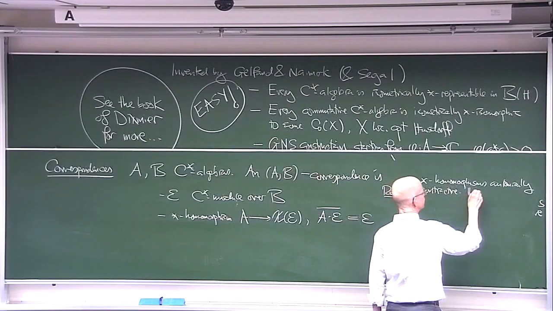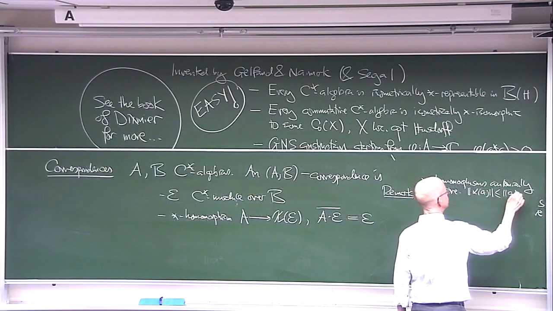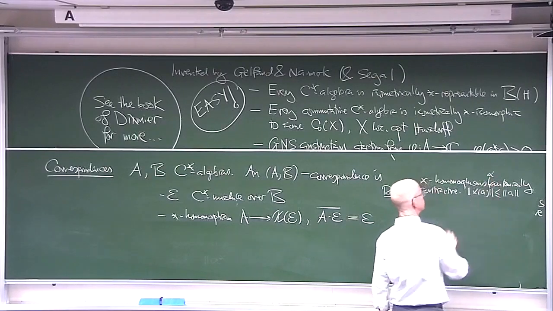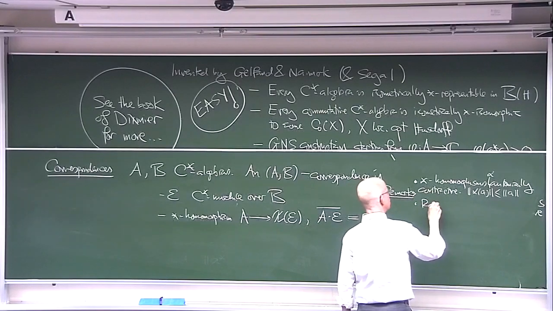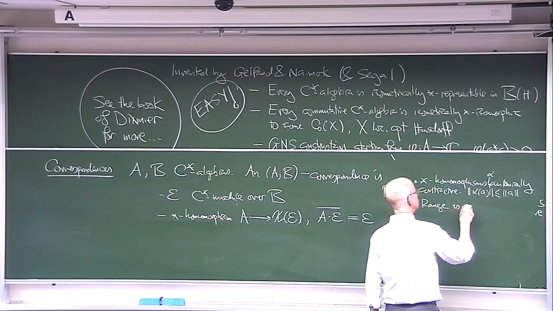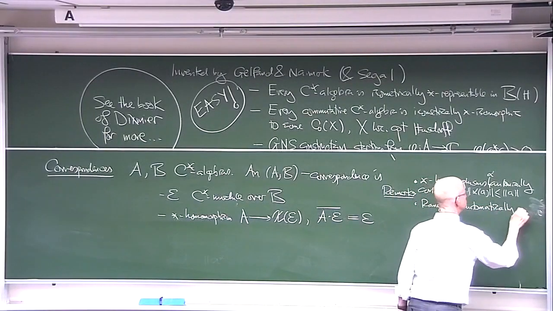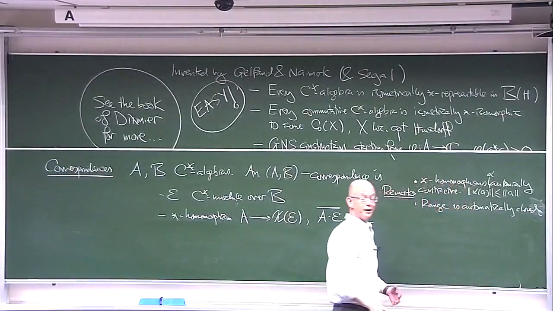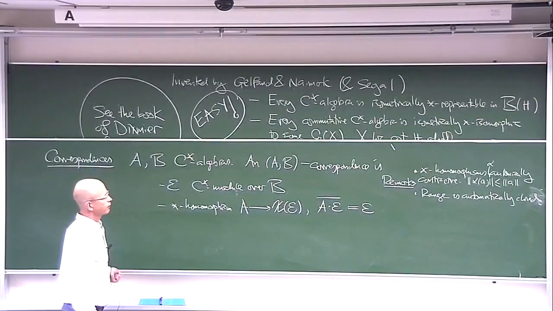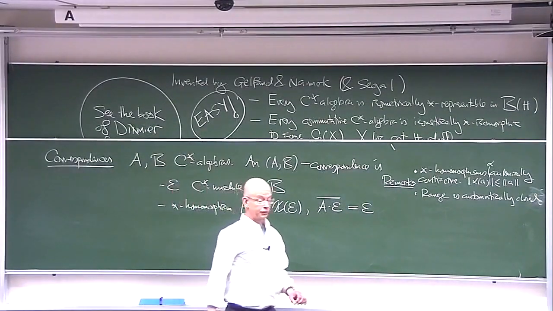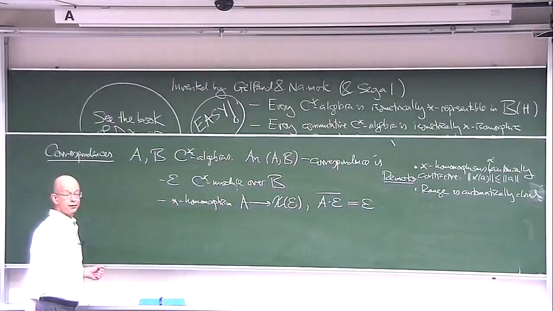So the norm of alpha of A is at most the norm of A. And while we're at it, the range of such a homomorphism is automatically closed. So it's very, very nice how these things work. If a star homomorphism is injective, it's automatically isometric. This is beautiful.